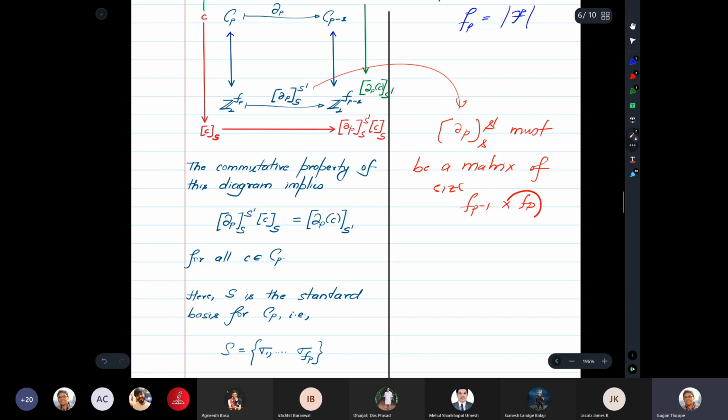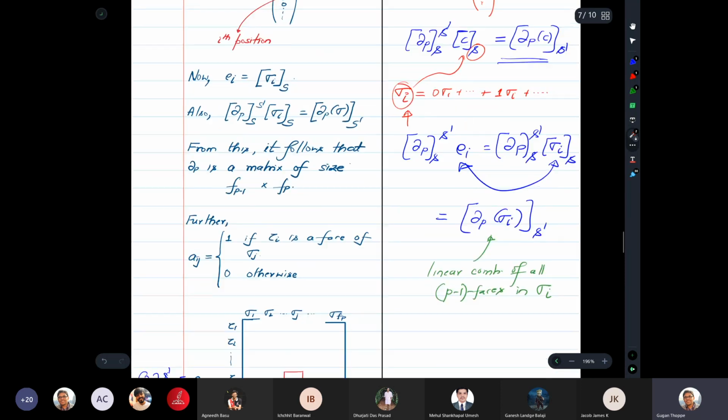So this will ensure that if you are given a vector in this space, so this is a vector in f P dimensional space, notice that the number of columns is f P. The output would be in this space, and this is ensured by the fact that the number of rows in this matrix is f P minus 1, right?